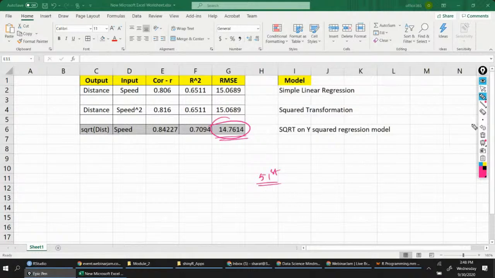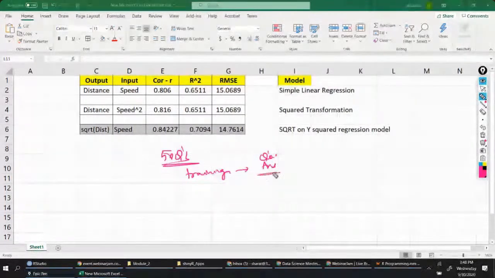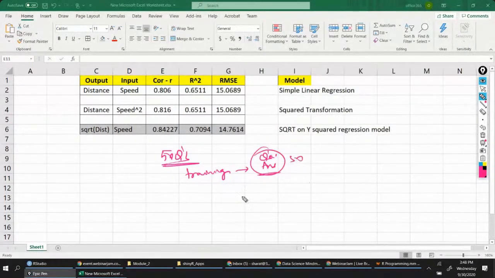Why? Because the logic that we have done here is, let's say I have 50 questions. Okay. I am training you on these 50 questions with answers. I'm explaining you the answers. I have questions and answers. So I'm training you on these 50 questions.